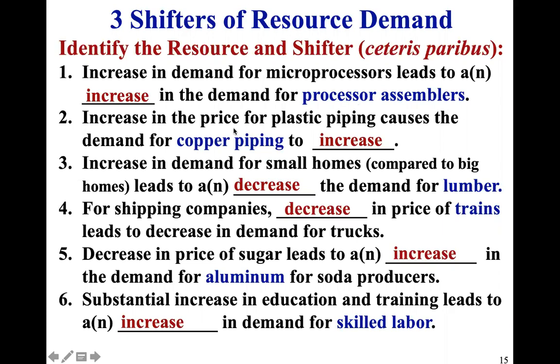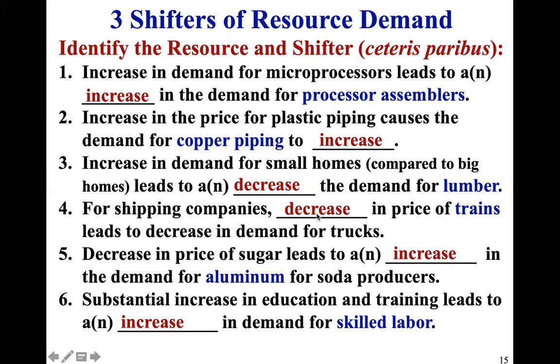Number 2, an increase in the price of plastic causes the demand for copper to increase because they are substitute resources. Number 3, an increase in the demand for smaller homes leads to a decrease in demand for lumber because smaller homes need less lumber than big homes.